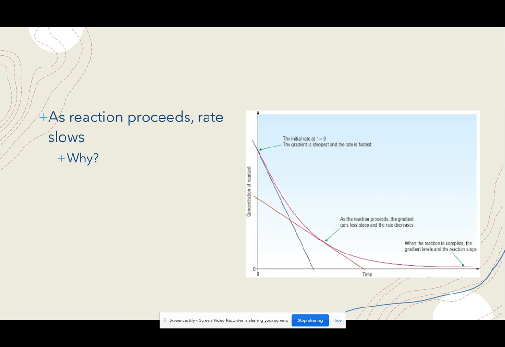Why does this occur? Because as time goes on, reactants get used up. So there are fewer reactants, which means there's going to be fewer collisions between reactants to form those products. And then eventually, all of your reactants get used up and you kind of level off there.